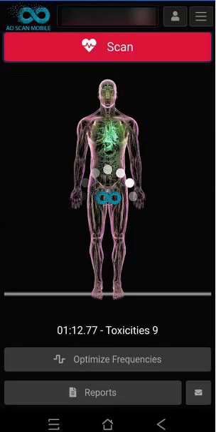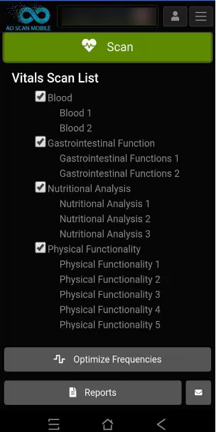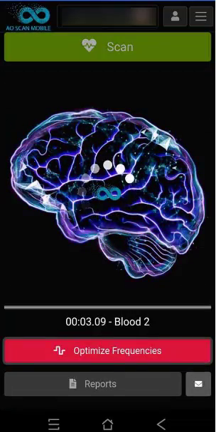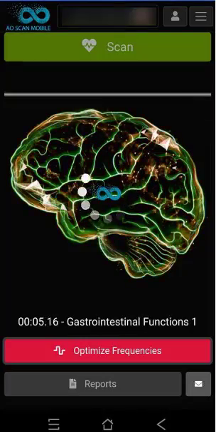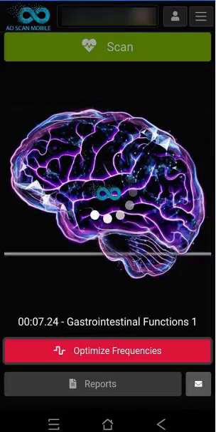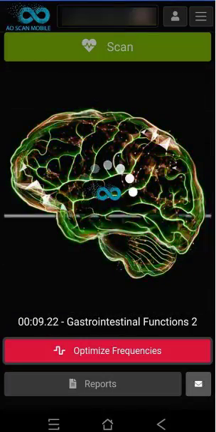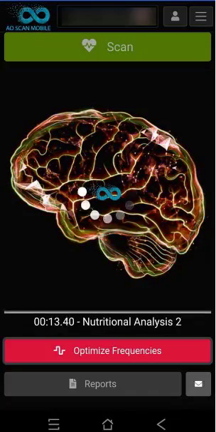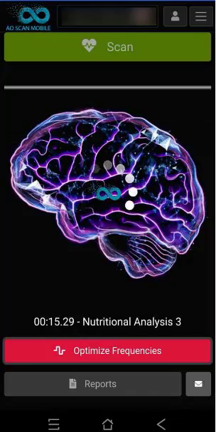And once it's finished, we will then do the next operation, which will be to click on Optimize Frequencies. So just as the original scan was scanning frequencies, this is optimizing frequencies. And this means that we are pushing out of range frequencies into range.